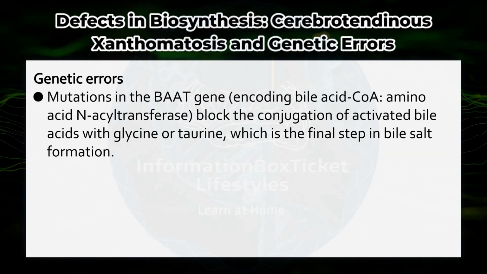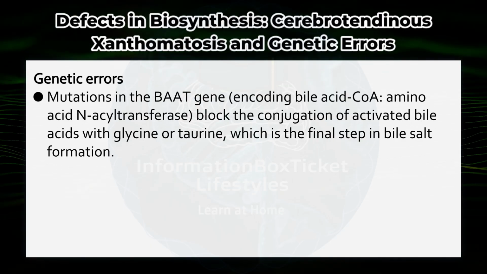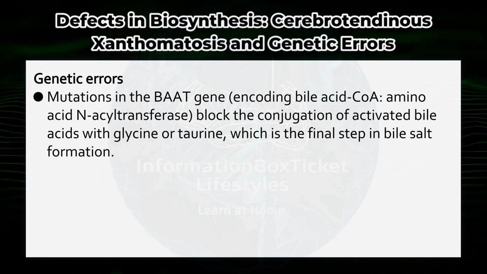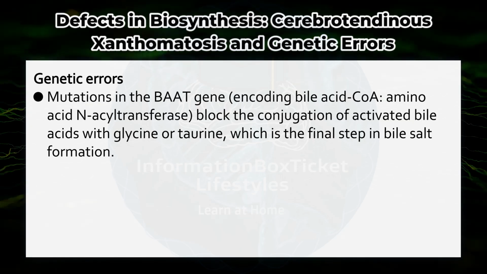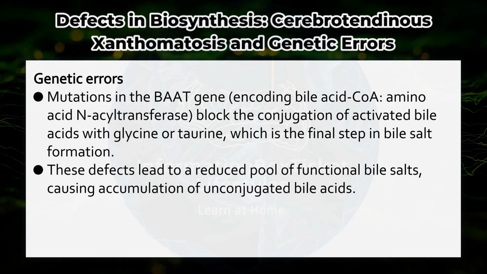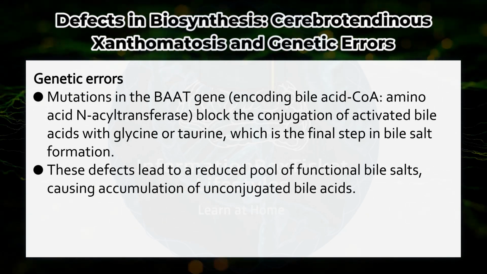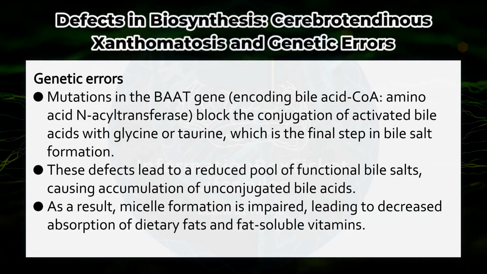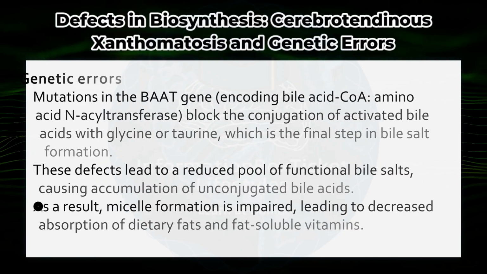Mutations in the BAAT gene, encoding bile acid CoA amino acid N-acyltransferase, block the conjugation of activated bile acids with glycine or taurine, which is the final step in bile salt formation. These defects lead to a reduced pool of functional bile salts, causing accumulation of unconjugated bile acids. As a result, micelle formation is impaired, leading to decreased absorption of dietary fats and fat-soluble vitamins.